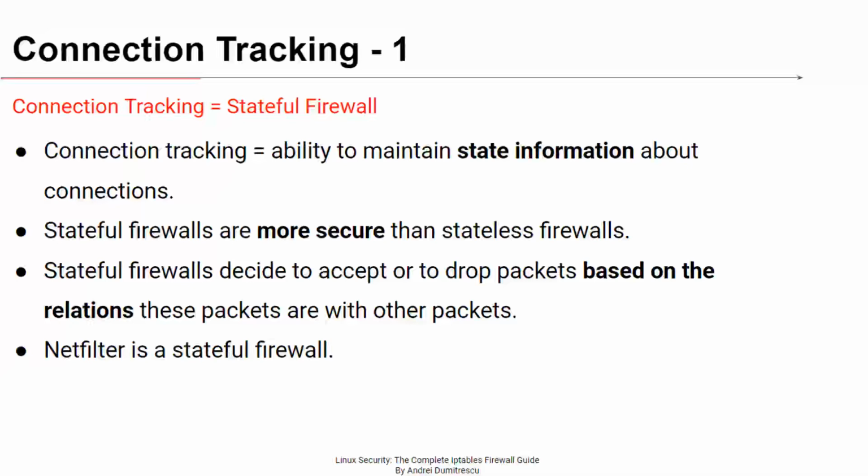Firewalls that do this are known as stateful and are much more secure than their stateless or packet-based counterpart. The decision to drop or to accept a packet is not taken anymore based on the values in the packet headers like source or destination IP addresses or ports, but on the relation the packet has with other packets.